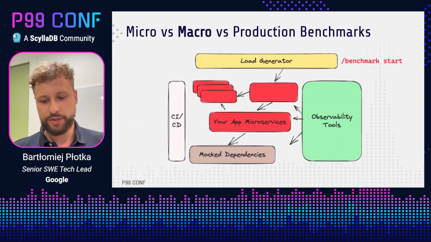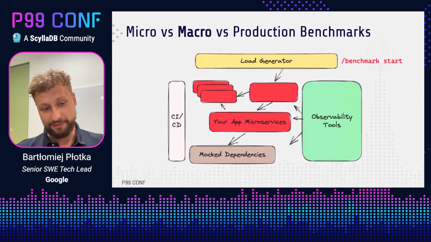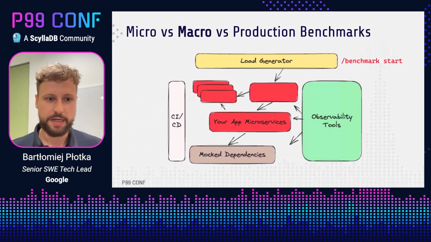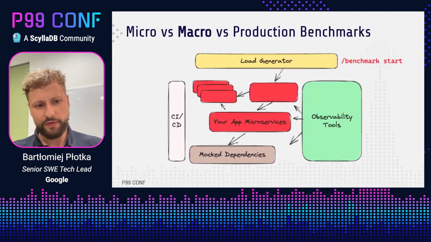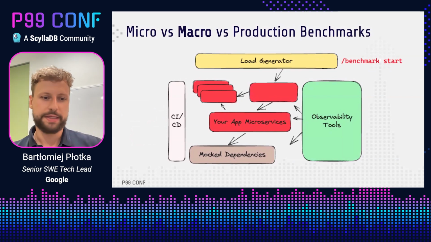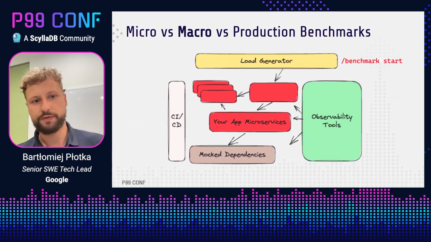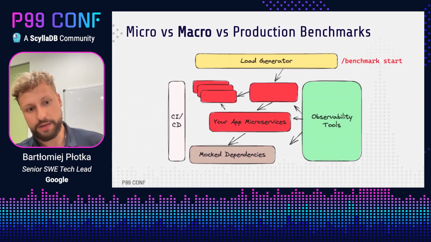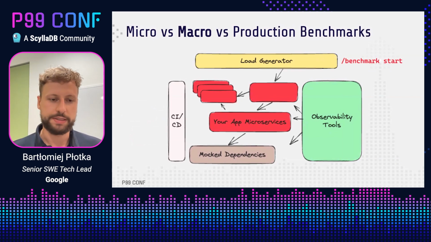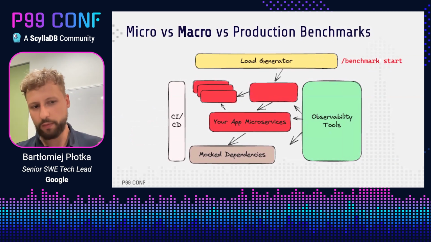So I want to teach you today about macro benchmarks, something in between, where it's like an experiment, a deployment that is very similar to production, but it has some elements that are simulated, right? So for example, instead of real users that might be impacted, you just generate the load in a way similar to how users would do that.